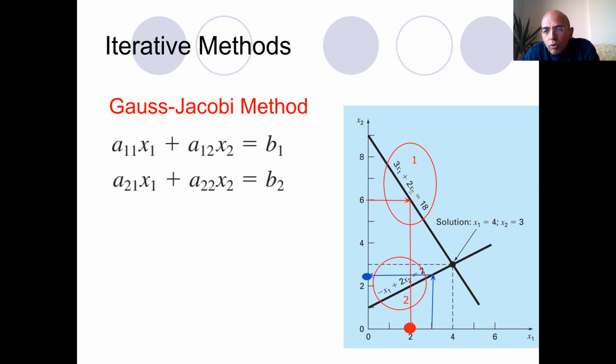If I substitute 2.5 here, this makes 5, and there is 13. 13 divided by 3 makes approximately 4.3. So it goes here, and then it goes here.